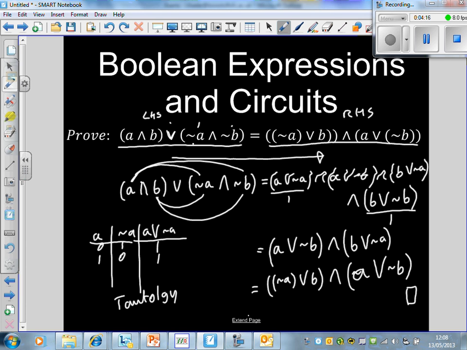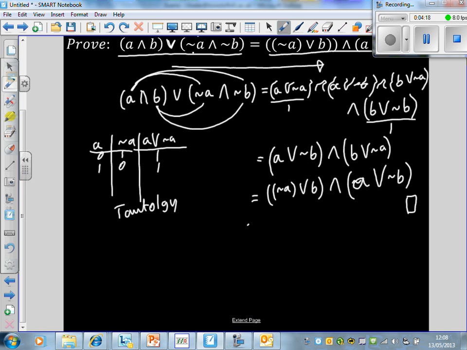There are a number of different ways we could prove this. We could use a bit of De Morgan's rule on the left-hand side, because we know that A and B, or not A and not B. Okay, now that's our left-hand side again.